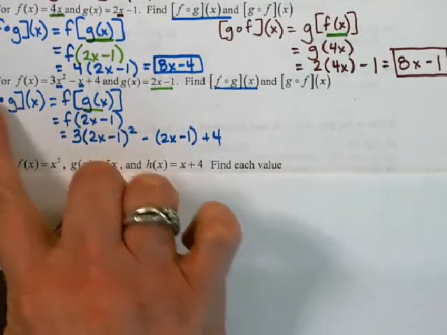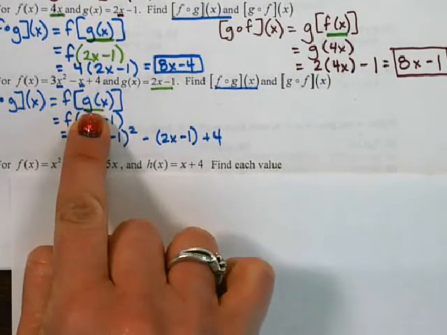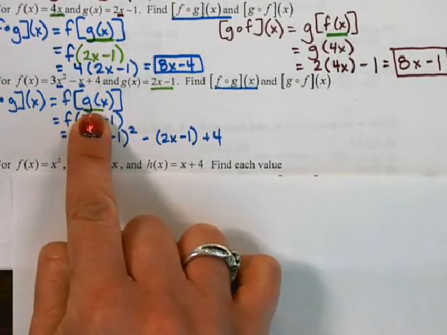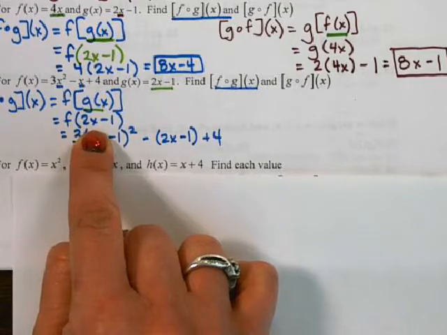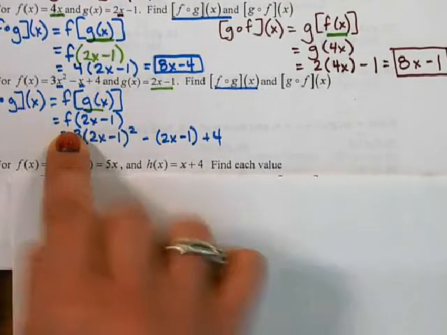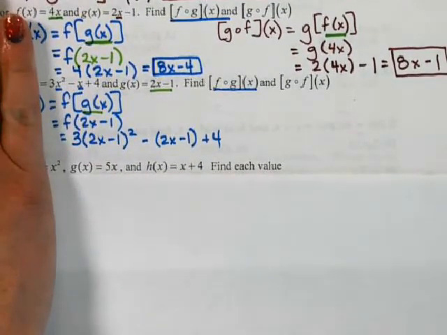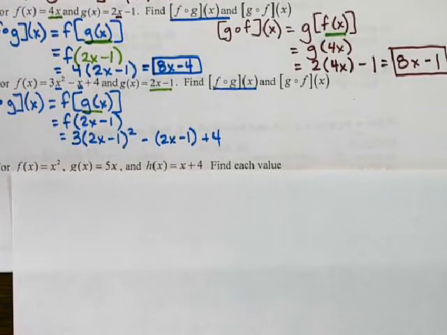If you want to skip that part and go to here, I think this is easier to see that it replaces. So I want to plug 2x minus 1 into my f function. If you don't want to write that part, JJ, you don't have to. Remember, we're just trying to simplify all on one side. We're not going to cross an equal sign or anything like that.